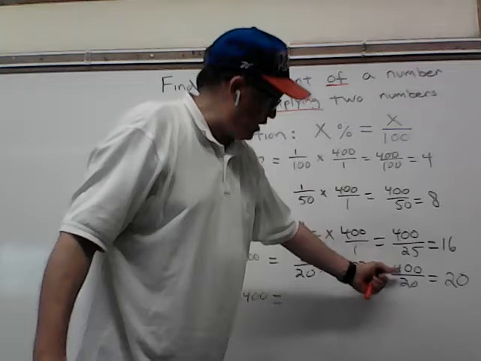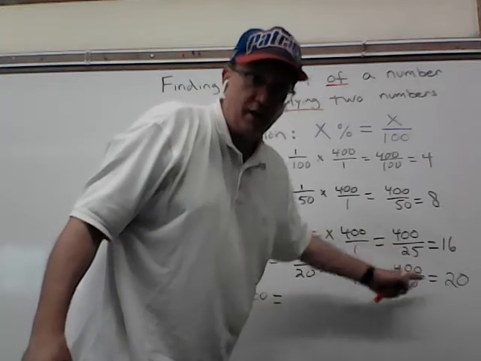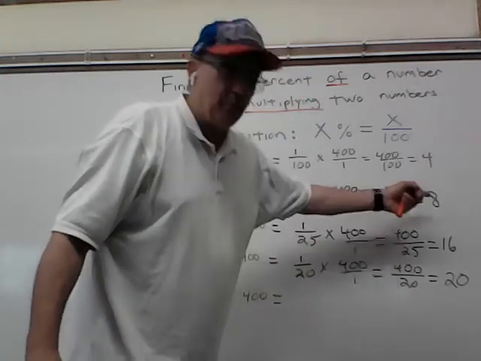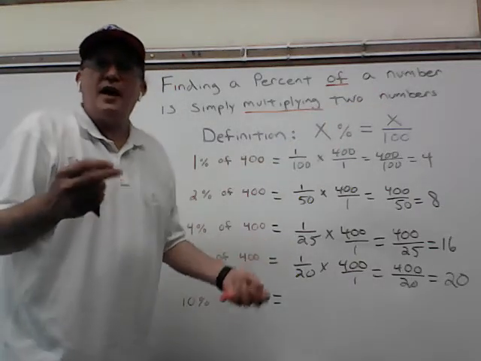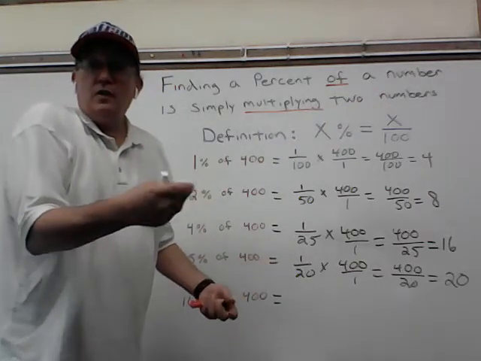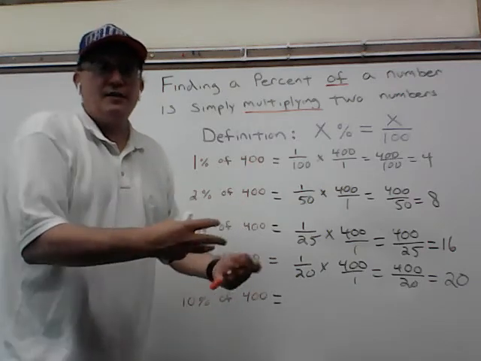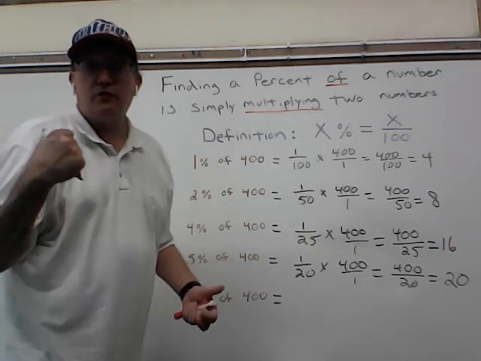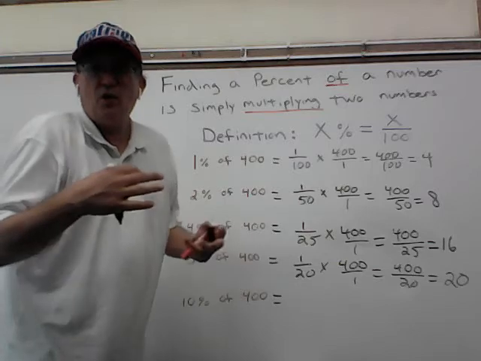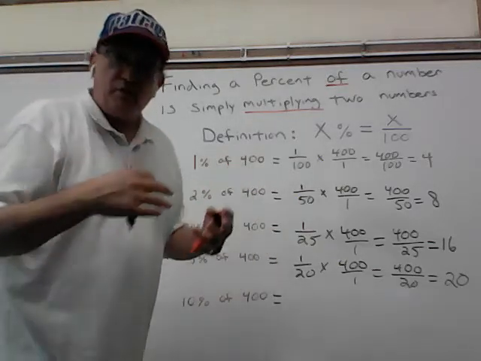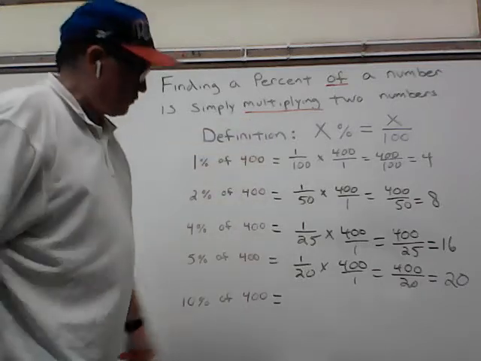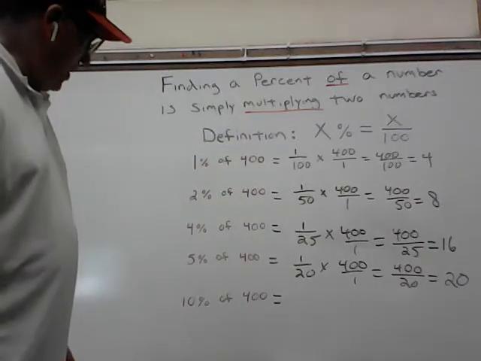It's easier to do 400 divided by 20 to get 20, because 20 times 20 is 400, than it was above. So sometimes you'll choose a path and you might realize, hey, I could have done something different and it would have been easier. You don't always know which is the easy path and which is the hard path, but develop the flexibility so you can work your way through things as you go through math.